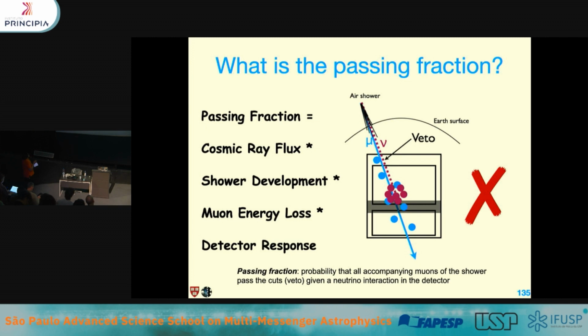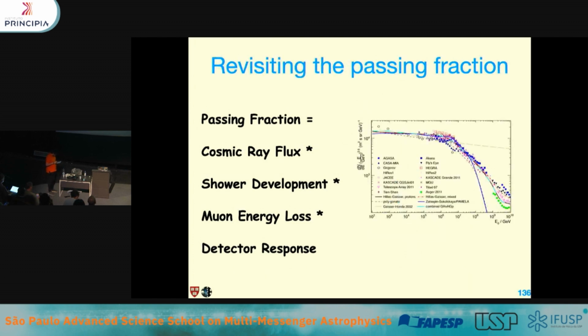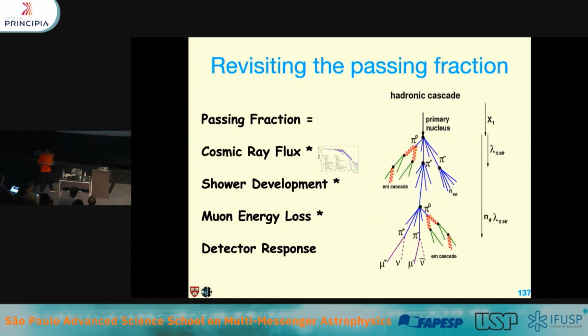It's going to depend on the cosmic ray flux, the shower development, the muon energy losses, and your detector's efficiency of response. I'm going to skip most of this, but the cosmic ray flux, like some of you mentioned, has big errors. Composition is unknown, the spectra are to some extent unknown. Shower development has hadronic uncertainties, also very tough to compute.